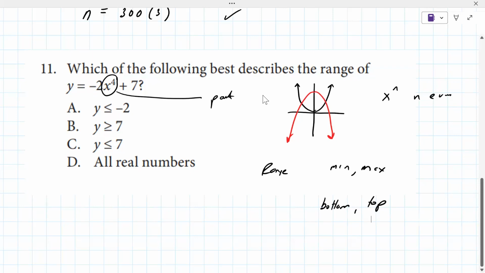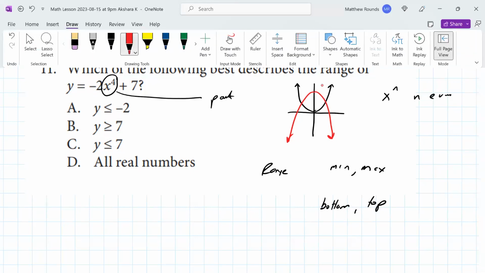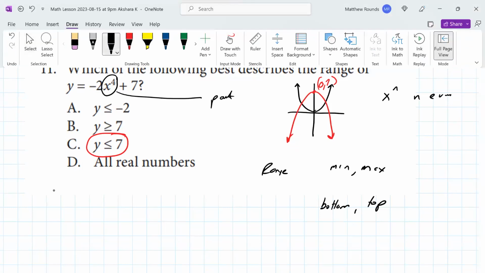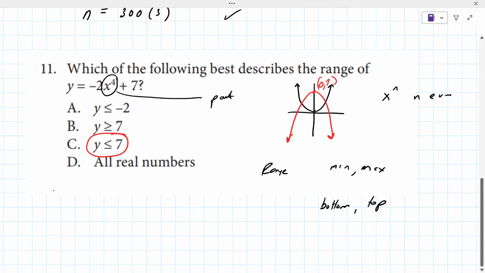So the peak at the top here is 0,7. And the range is y less than or equal to 7, because it's all the values below that. Okay, and it's 7 because of the +7, and it's less than 7 because of the negative. Because it's opening down, right?